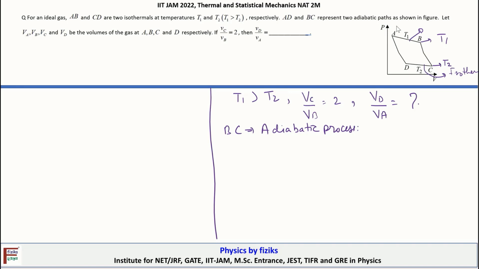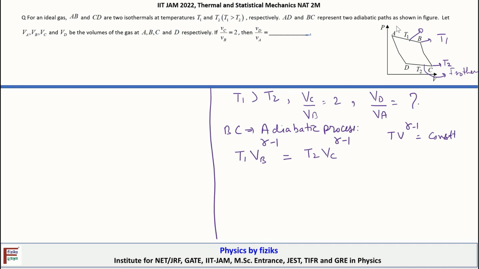We will make use of the equation that connects temperature and volume for an adiabatic process. For point B, I can write T1 times VB to the power gamma minus 1, which is constant for the adiabatic process, and this should be equal to T2 times VC to the power gamma minus 1. Here we are making use of the result that for an adiabatic process, T V to the power gamma minus 1 is equal to a constant.